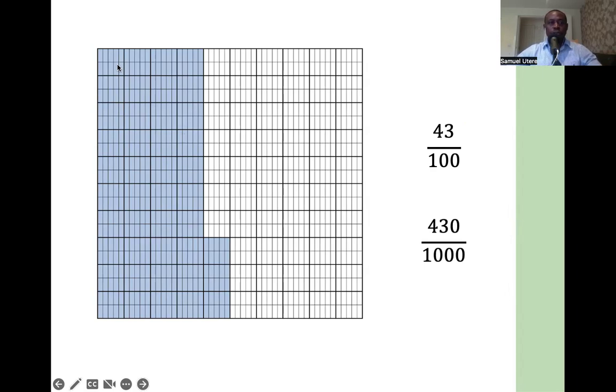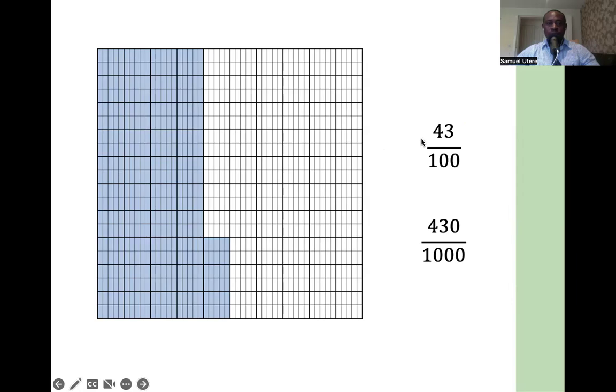But if we represent it as a thousandth, it is the same thing as splitting each of the squares into 10 parts. So we now have 430, because you have 43 lots of 10. So we have 430 over 1,000, which is equivalent to 43 hundredths.